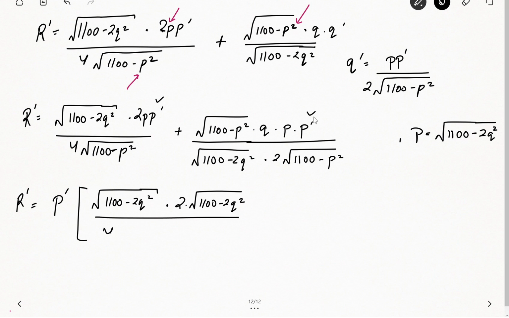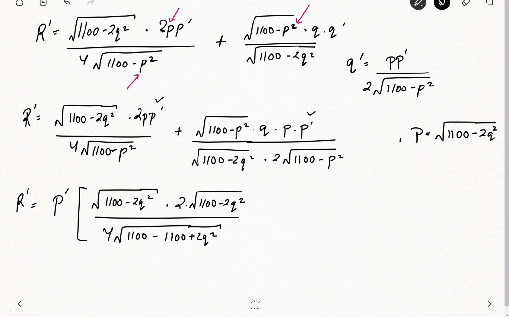Divided by 4 square root of 1100 squared minus p squared. So I'm just going to replace for that p by 1100 plus 2q squared when you simplify it.